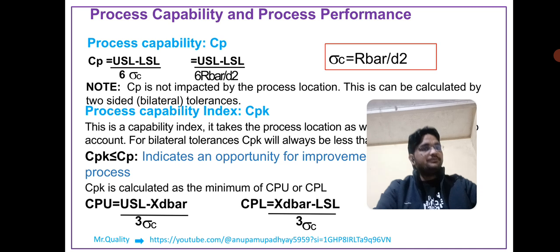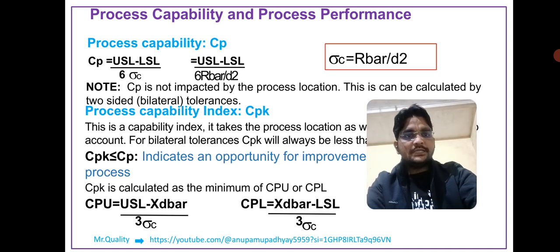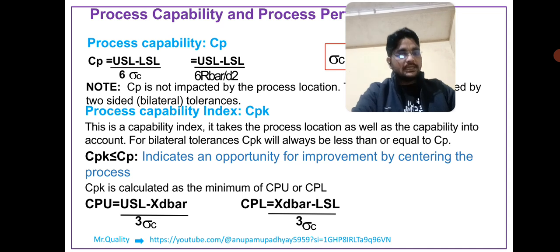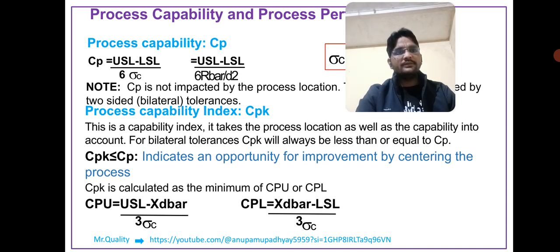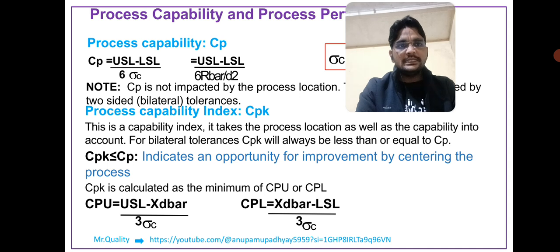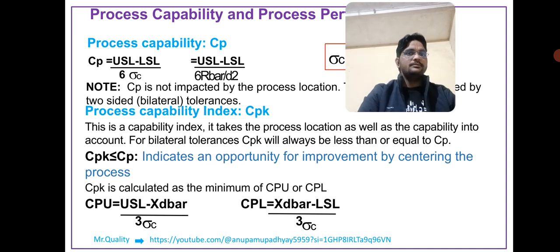But Cpk is the capability index, and it takes the process location as well as capability into account. The spread of the values should be tight first, and second, the average of the values should also be near the target or center line. For bilateral tolerance, Cpk will always be less than or equal to Cp.